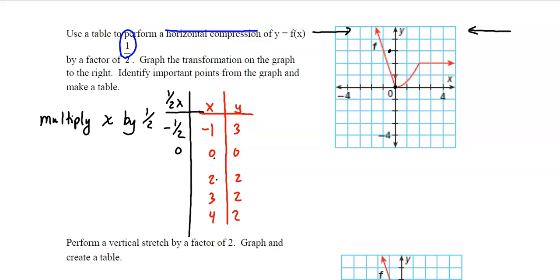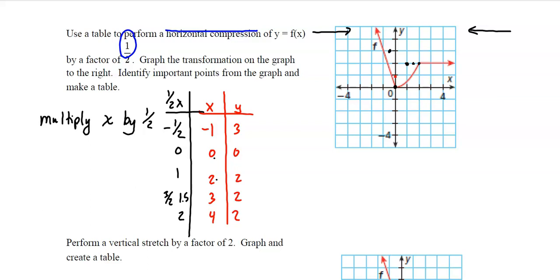So there's my second point. If I multiply the 2 by 1/2, I get 1. So now I'm at 1, 2. And if I multiply the 3 by 1/2, I got 3/2. Or if it's easier to think of as 1.5, I got a 1.5, 2. And then the 4 times 1/2 is going to be 2, 2.